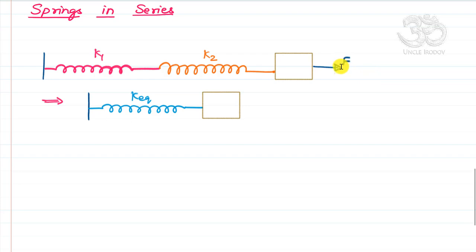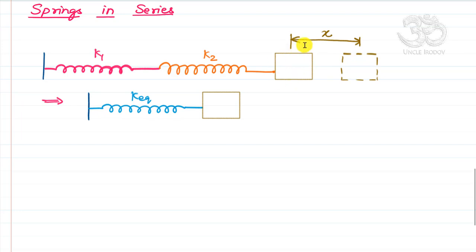So the block moves to the right somewhere here, and after being displaced from the equilibrium by an amount x, right, so this was the previous equilibrium.